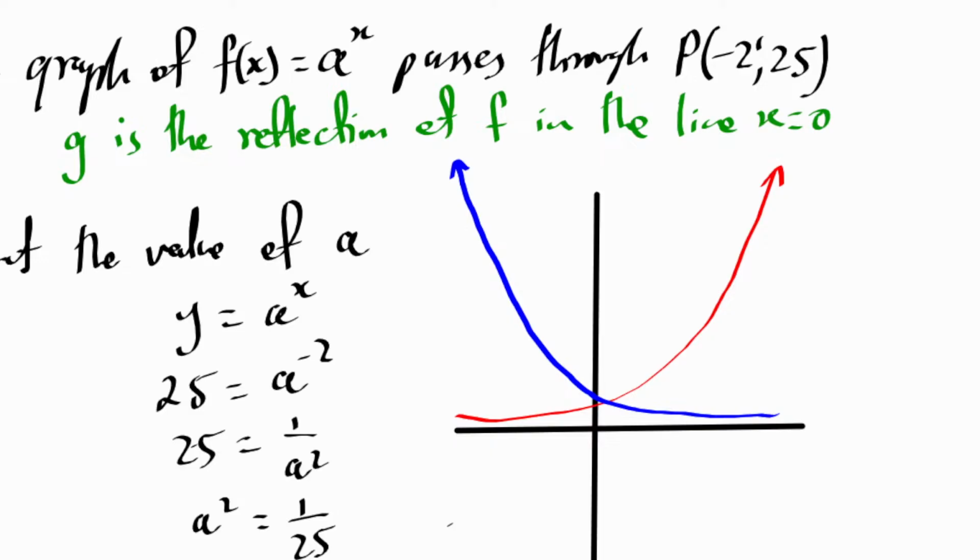Yes. So you understand where the -2 comes from. No. So look at the point P. They've given us the point P here with coordinates -2 and 25. So I have literally substituted the x values.